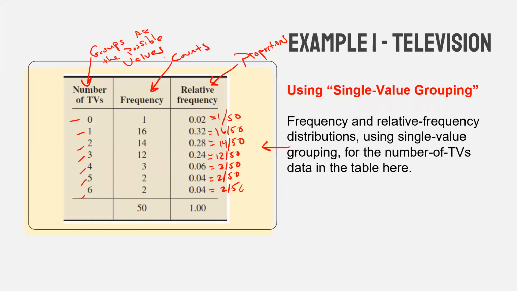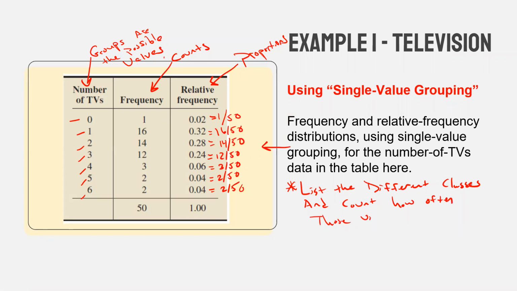Basically, to recap, if it was single value, all you did was list the different classes and count how often those values appear. Piece of cake, super straightforward.